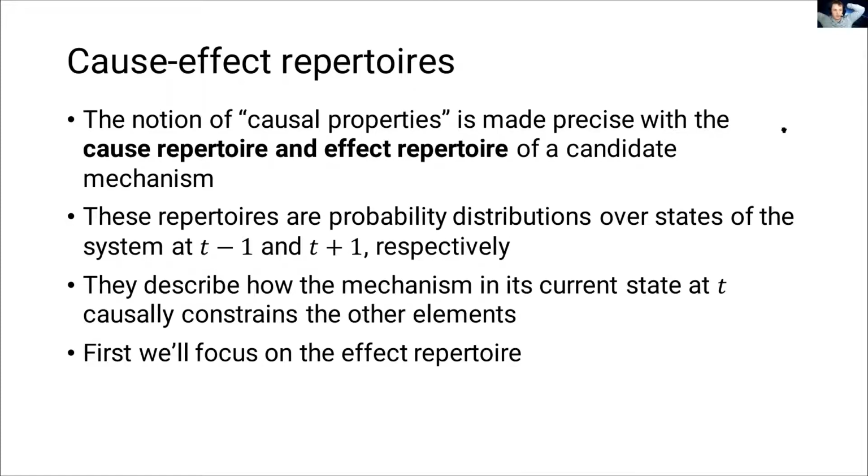We talk about the cause repertoire, which is what constraints that places on states that will occur in the future for the system, and the effect repertoire, which is, given some mechanism in some particular state, what does that say about the previous states of a system that would have led to the system being in this current state now. So those are what we call the repertoires over the probability distributions of the states at either the previous time point or the next time point.